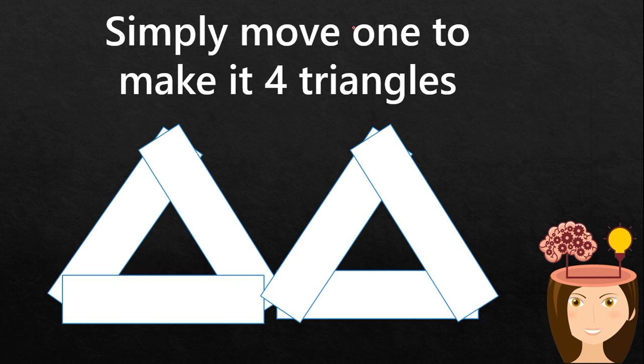Sino yung nag-raise ng hand? Move ka lang daw ng isa para maging 4. Yes, sino ba to? Andre? Yes, answer? Sir, yes, just simply move the right, and to make number 4 po, so that we can have 4 triangles po.